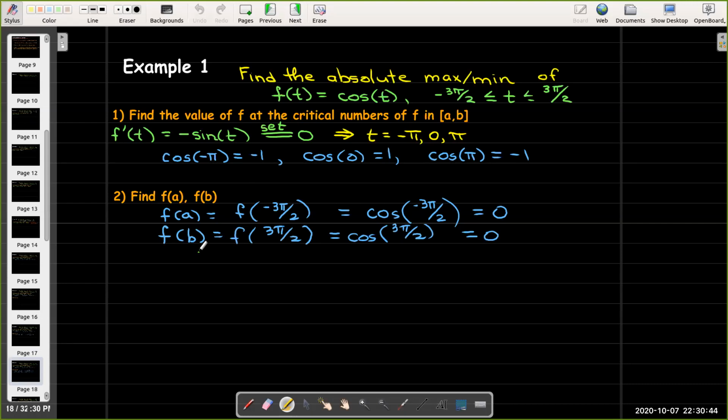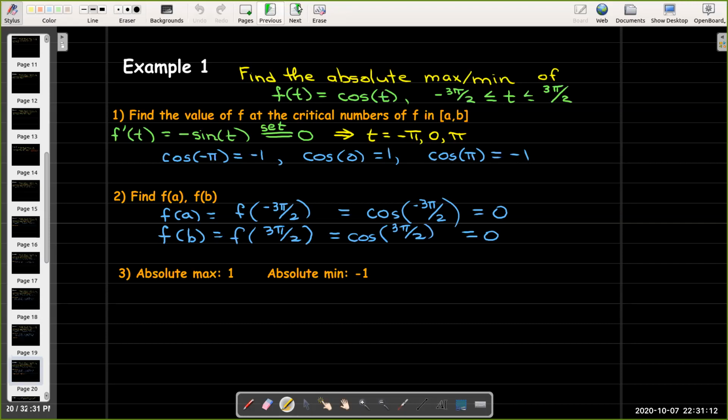And the function value at the right endpoint, that would be cosine of 3 pi over 2, that's also 0. So that's step 2. In step 3, we just look at the numbers that we found in step 1 and step 2. The largest is 1. So the absolute max is 1. And the absolute min is -1.